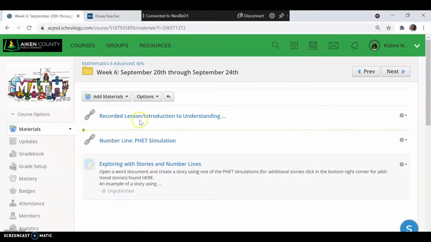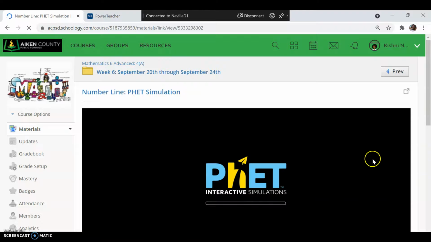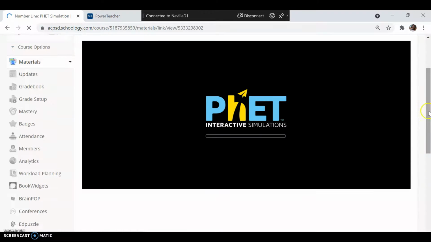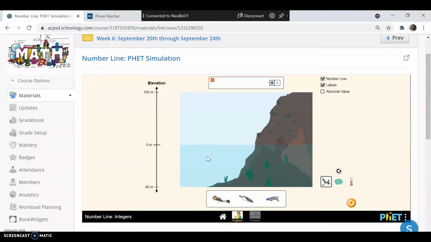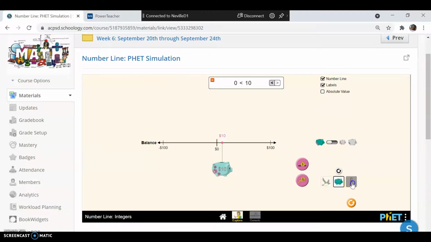And there's the recorded lesson that introduces this. But there's a link here that you could go to where you're going to be able to look at a PhET simulation, where you're going to be able to see in real life what life looks like on a number line. So there's some different little things down here that we could play with. And I want to play with the money one because I want to show this to you.